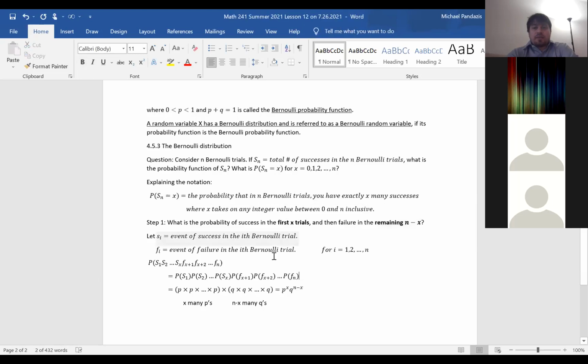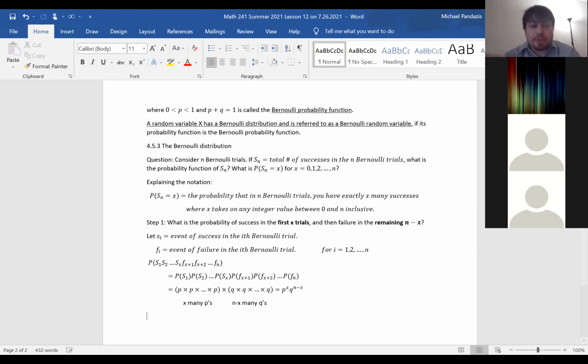So you see how the probability we found has a specific order of the successes and failures, right? And so this is only a probability with that order. If we wanted to find in general the probability of X successes, then we would have to take into account all the orderings of exactly X successes. And so this is only one ordering of exactly X successes in n Bernoulli trials.